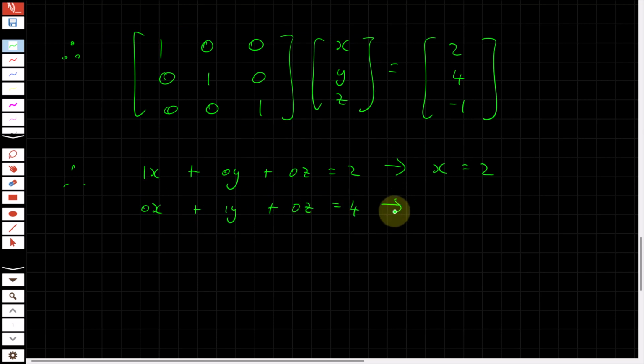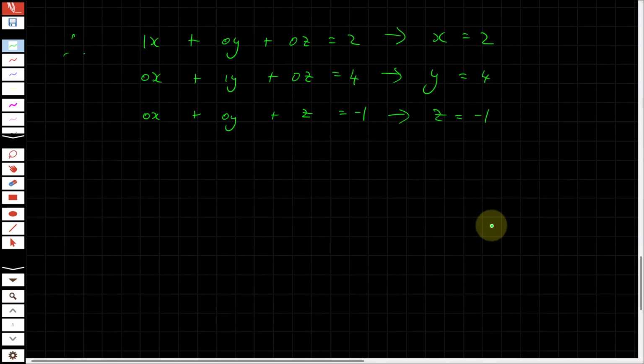The solution for this equation is y equals 4. And the solution for this equation is z equals negative 1.